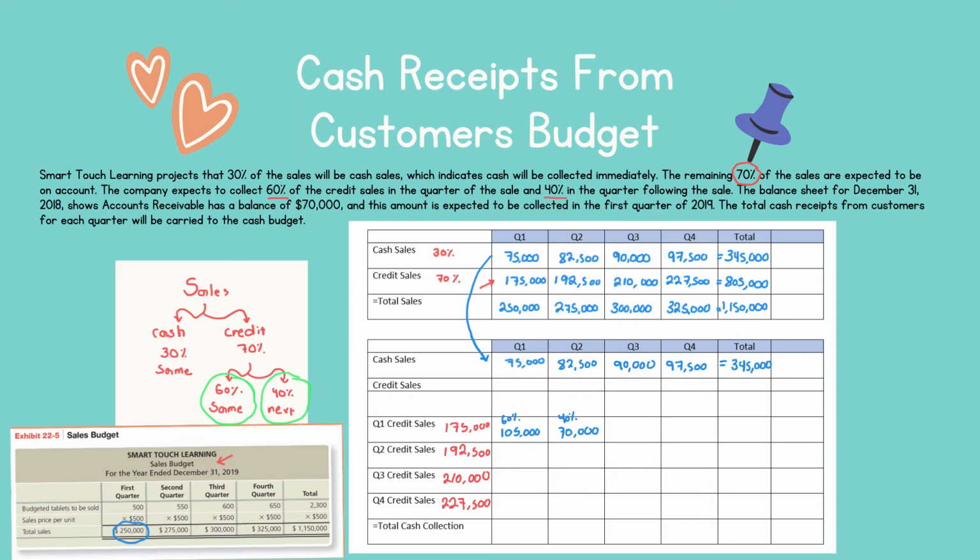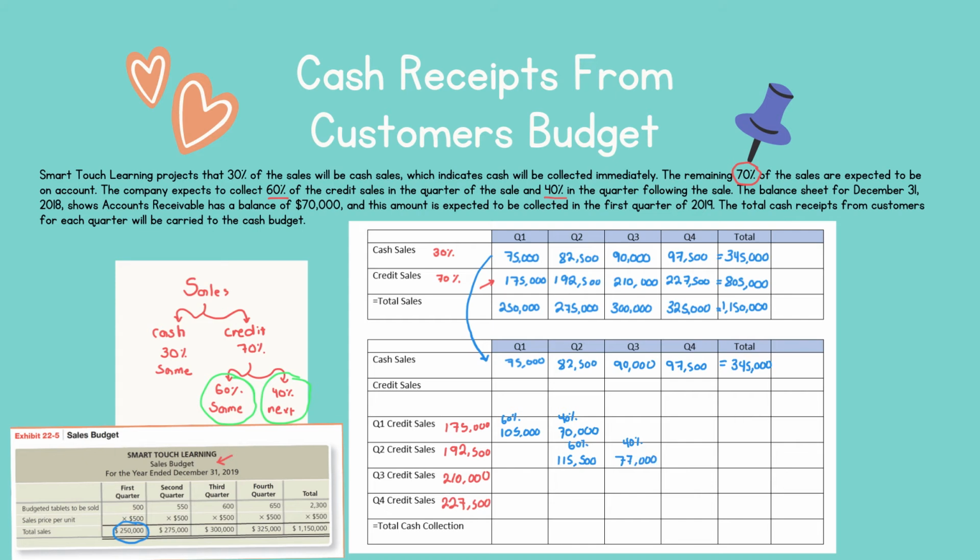Quarter 2 credit sales, 192,500. 60% of this amount will be collected in the same quarter, which is quarter 2, and 40% in quarter 3 in the following one. So 60% times 192,500, it's gonna be 115,500. 40% times the 192,500, it's gonna be 77,000.